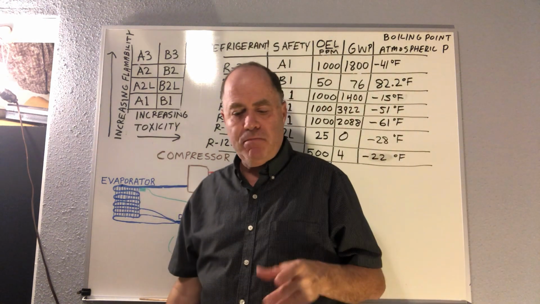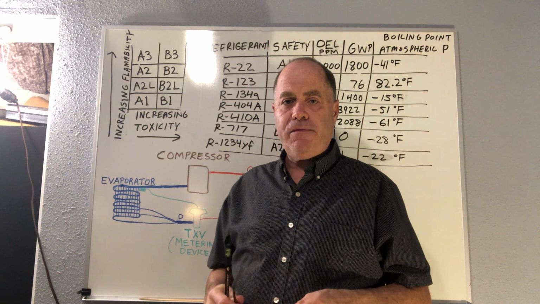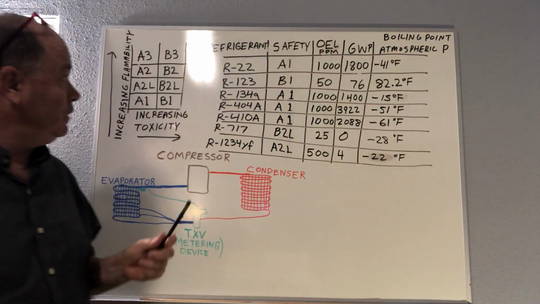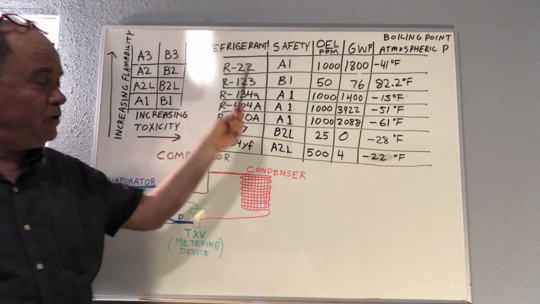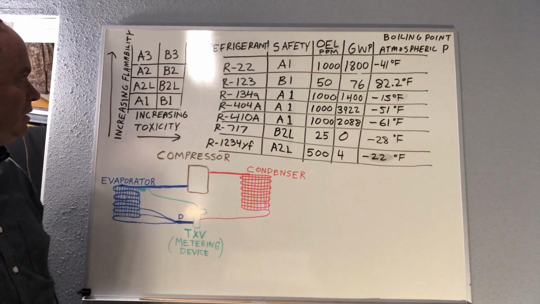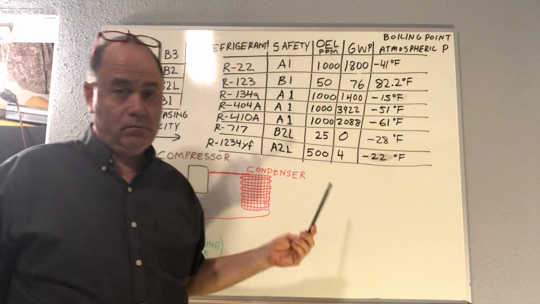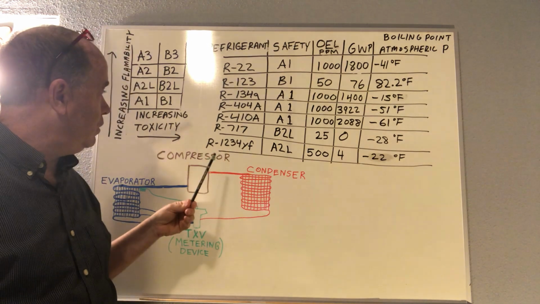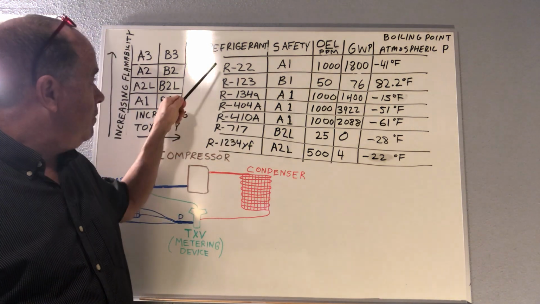And then the parts per million for different refrigerants, I'll talk about that here on this chart now for a little bit. We have different refrigerants, and these refrigerants that I've listed probably cover 90% of everything. There's other refrigerants, but these are the most popular, generally speaking.